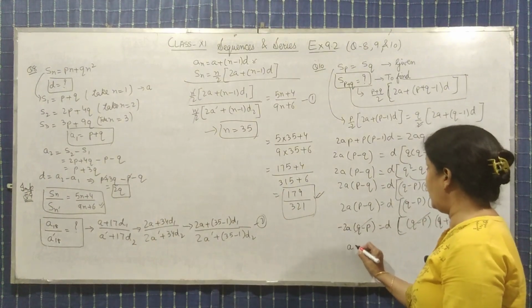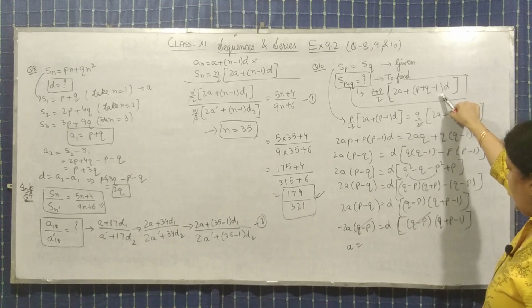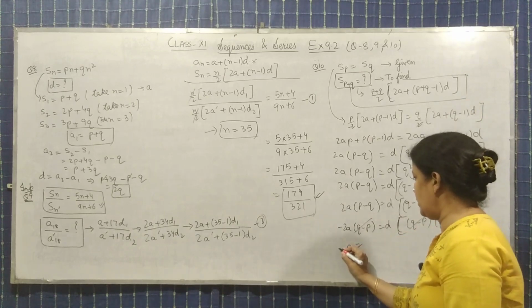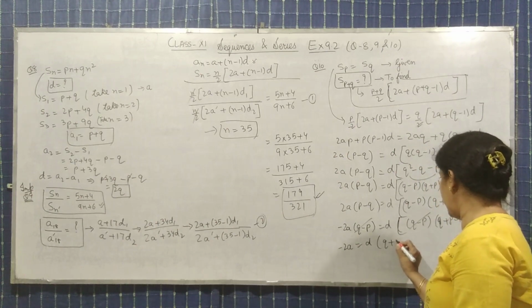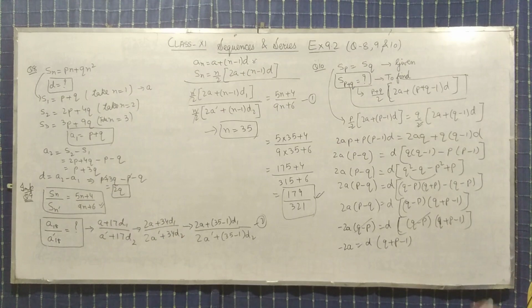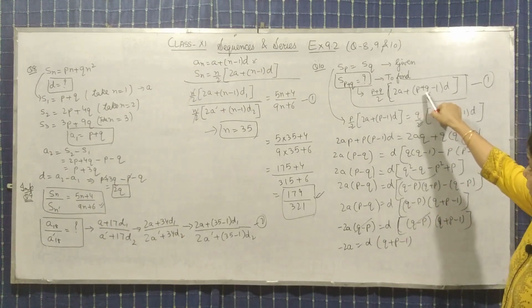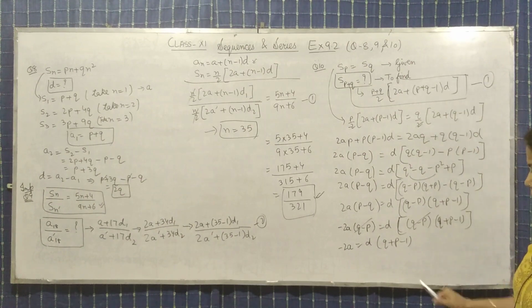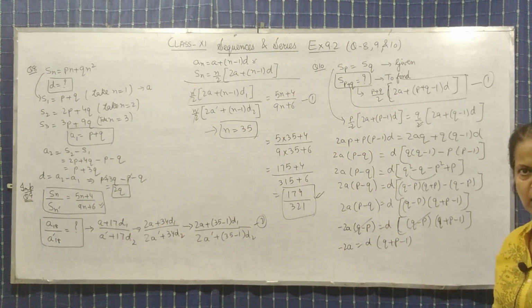So what result do you get? Minus 2a equals d(q plus p minus 1). This part you have got. Now look at equation 1. Here it is (p plus q minus 1)d. Here also (p plus q minus 1)d is there.